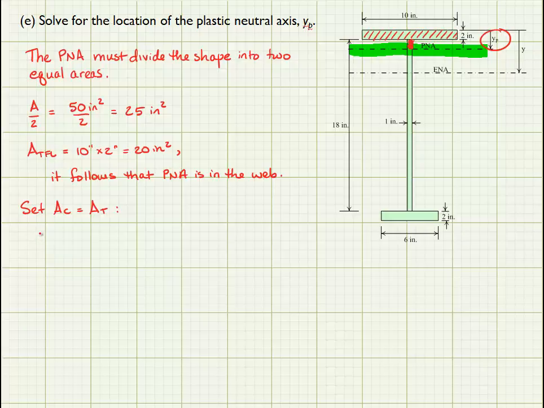So the area of the top flange is 10 inches by 2 inches, and then the area of the web that's resisting compression is a 1-inch thick web times a height of y sub p minus the thickness of the flange, since y sub p is measured to the top of the top flange.